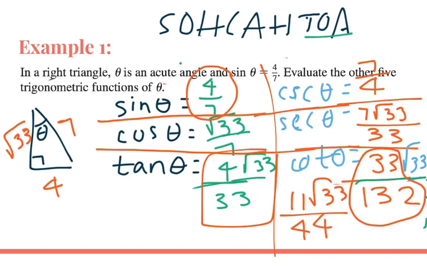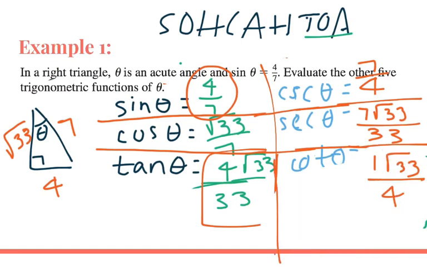And after doing that, it might stand out a little more obvious now that we can actually take this further. 11 divided by 44, you can divide both of those numbers by 11, and you would just get 1 over 4. So let me now clear this whole area and write that as one simplified fraction.